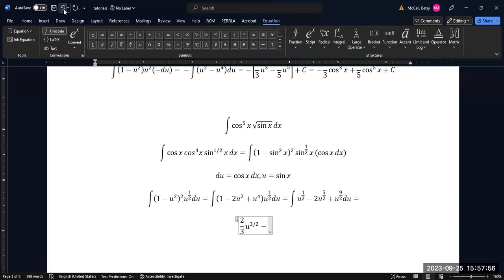And then minus, this u will become 7/2, and I'm going to take my 2 and also multiply it by 2/7. And then plus my 9/2 will become 11/2, and so this will get multiplied by 2/11.